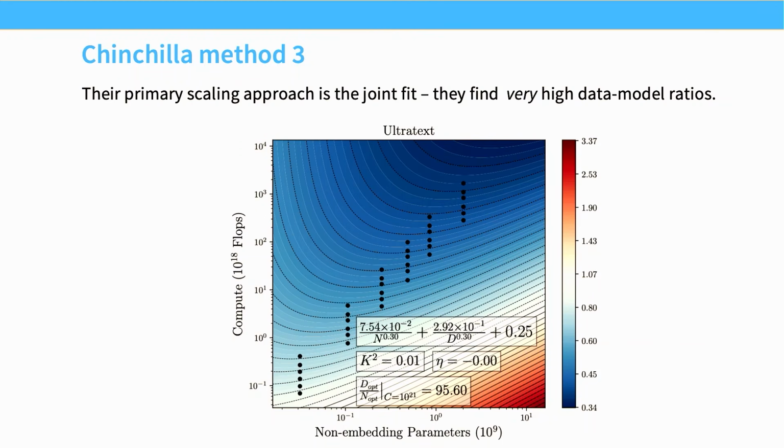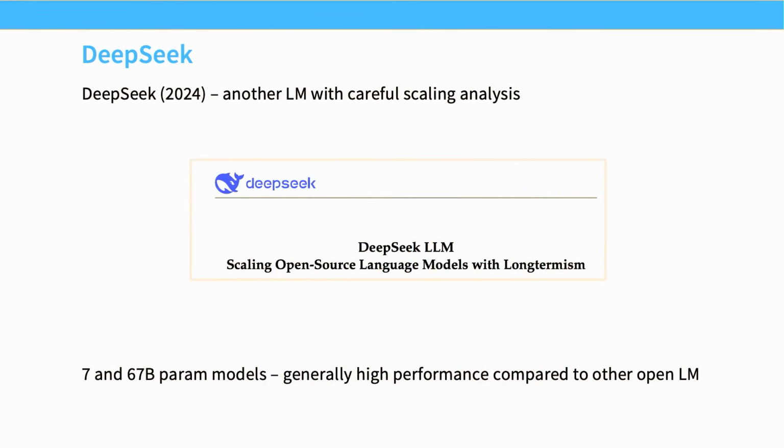One thing I will point out is that they get pretty different exponents for their overall joint fit compared to Chinchilla. They claim in the paper that this means they should be training with way more tokens of text than Chinchilla. It is highly unclear to me whether this is really true or whether their Chinchilla fits are a little bit strange relative to the original Chinchilla paper.